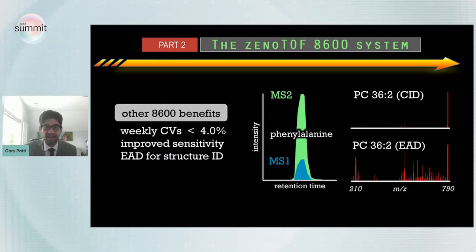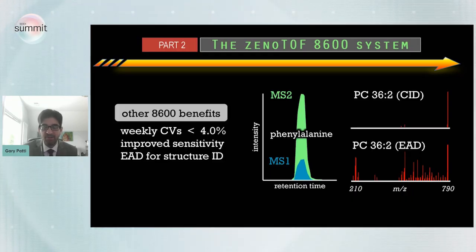And then the last slide I have for you is that there are several other benefits to the ZenoTOF 8600 system. Because of the ZenoTrap technology, you do get better sensitivity, which you're going to hear about from others throughout the summit today. This is an example of phenylalanine. You can see the peak here. It's relatively low intensity. When we turn the ZenoTrap on, it goes much higher.